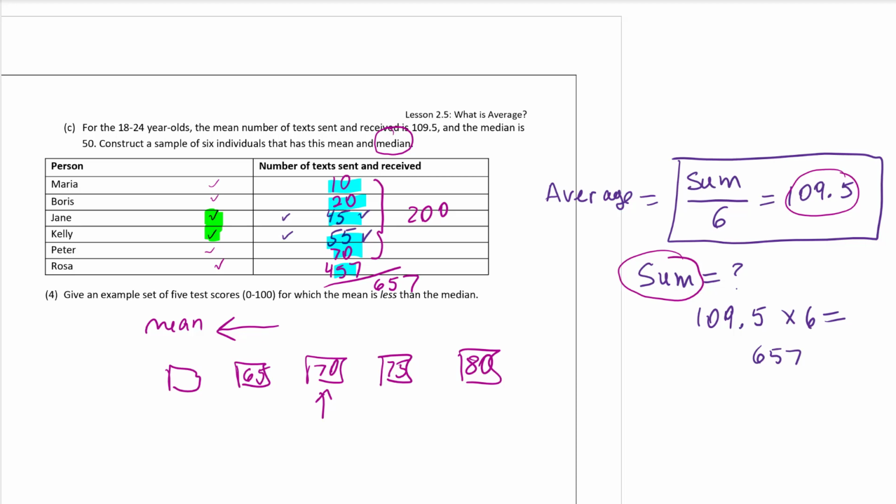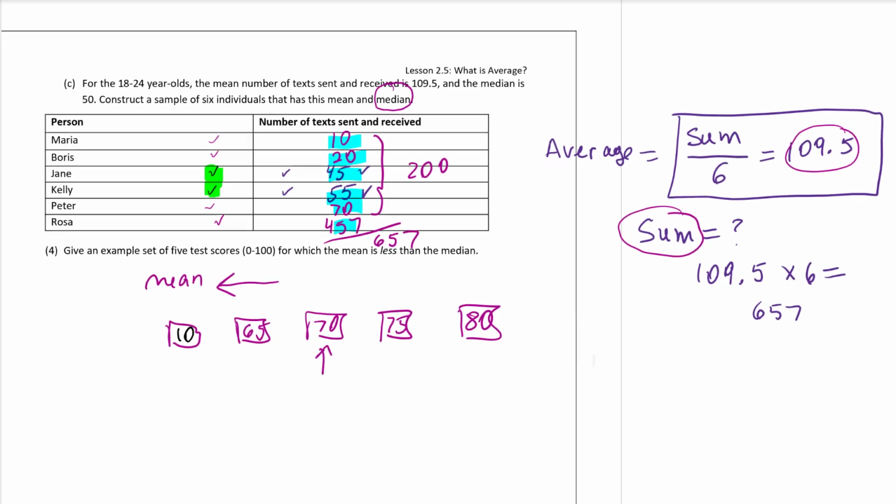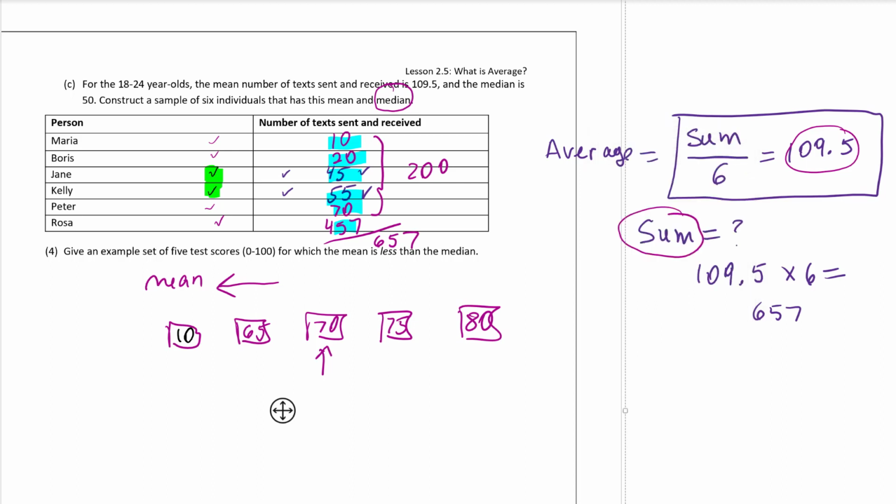Alrighty, so let's review. Let's go ahead and choose a number like 10. All right, the median is still 70, but now if we calculate the average, that 10 is an extreme observation. It's significantly lower than everything else. So if you take the sum and divide it by 5, it's going to be 10 plus 65 plus 70 plus 75 plus 80.